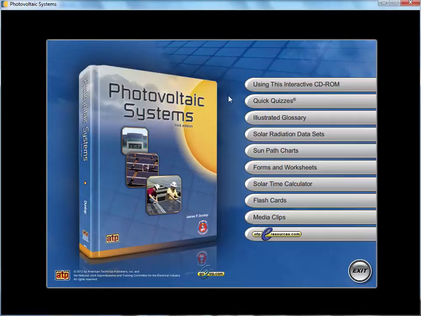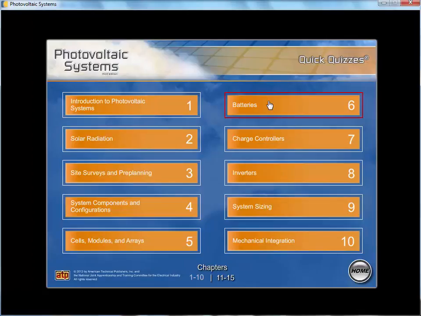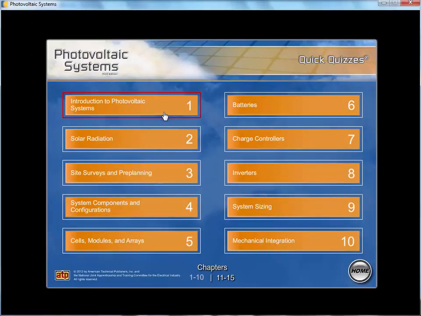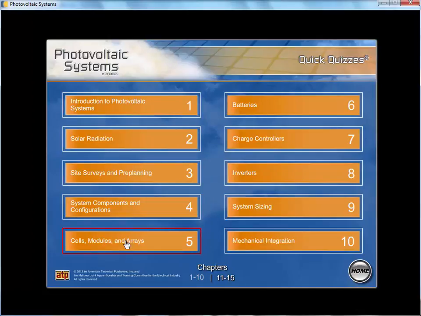Lots of worksheets. Take the quick quizzes. Cells, modules, arrays.